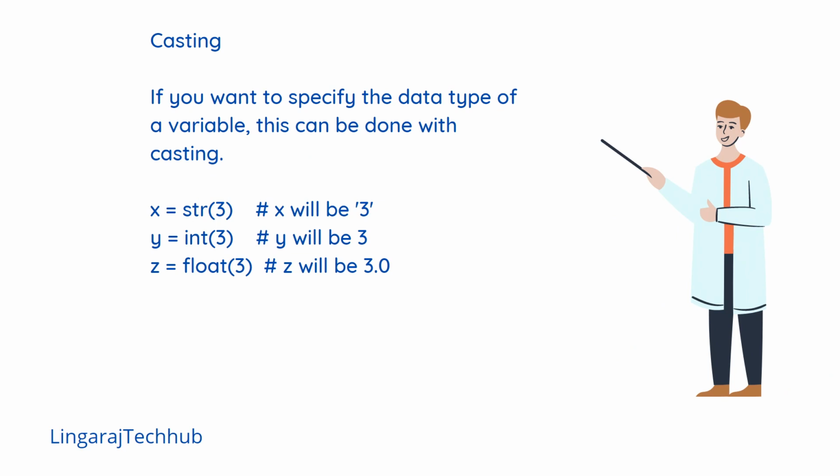Casting. What is casting? Casting means converting one type to another type, implicitly or explicitly. If you want to specify the data type of a variable, it can be done with casting.